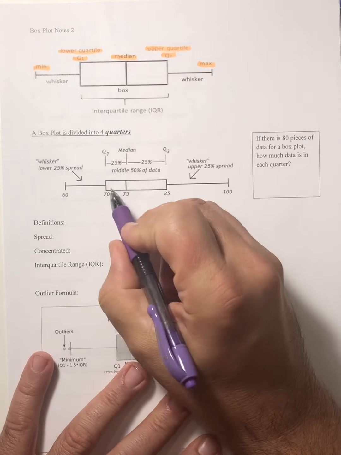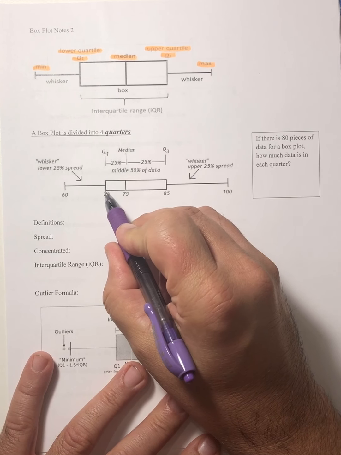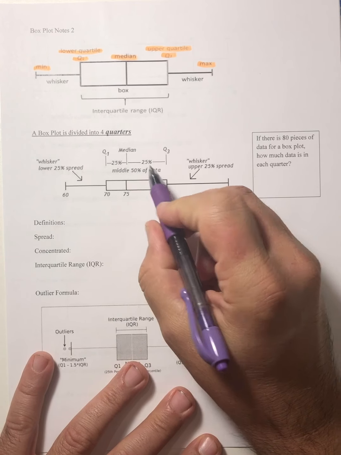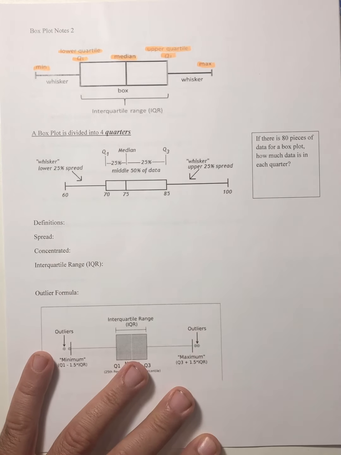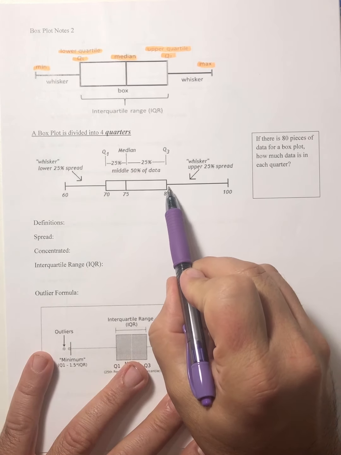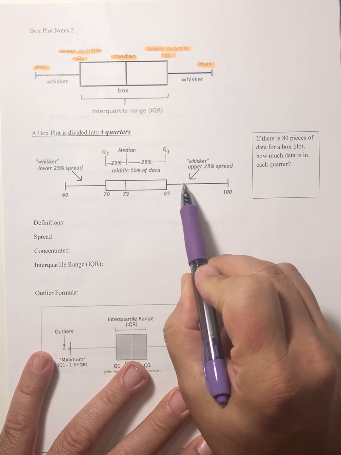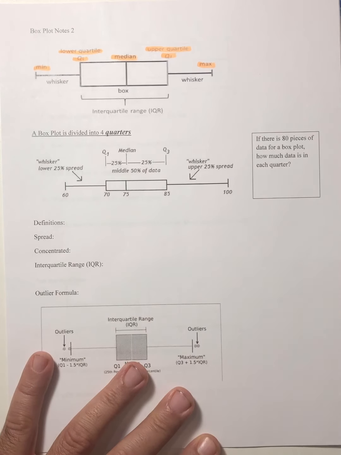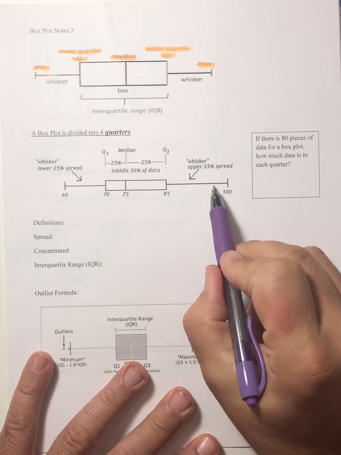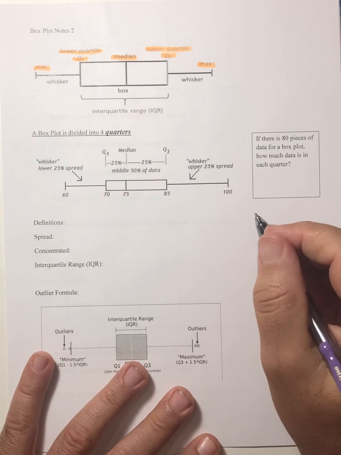The box itself, between quartile 1 and quartile 3, represents 50% of the data. And 85 to 100 is our upper 25%, the last 25% of the data.